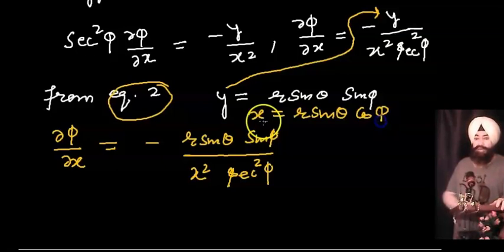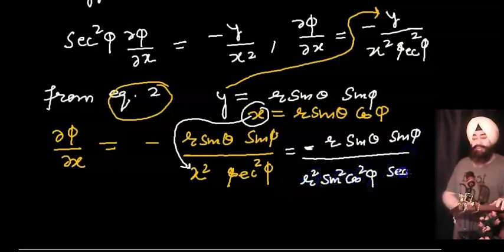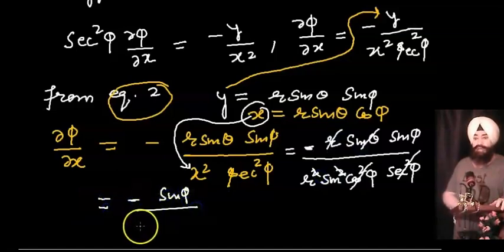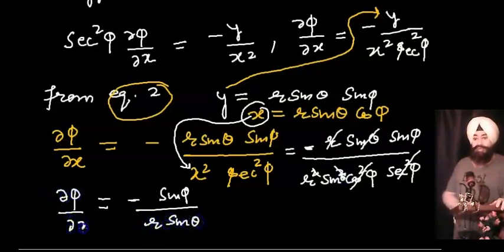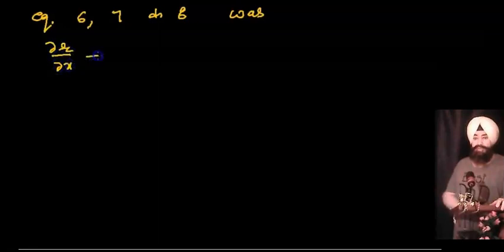Just look back and substitute x here. So curly phi by curly x, some factors cancel out, equals minus sin phi upon r sin theta. This is equation 8. So equations 6, 7 and 8 are already derived.